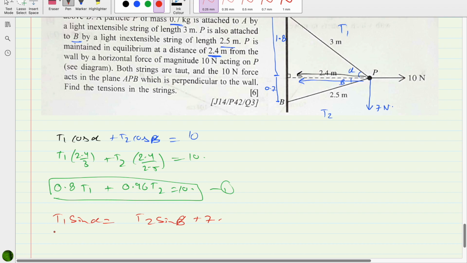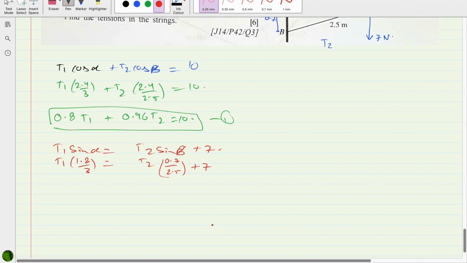Looking at the same triangle, T1 sine of alpha is perpendicular over hypotenuse, 1.8 by 3, equals T2 sine of beta, perpendicular 0.7 by hypotenuse 2.5, plus 7. So 1.8 by 3 is 0.6. 0.6 T1 is equal to 0.7 divided by 2.5, which is 0.28, of T2 plus 7. This is equation 2.